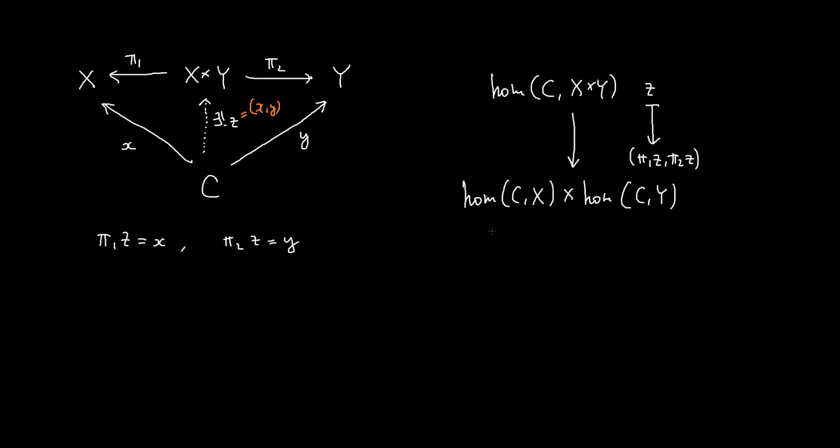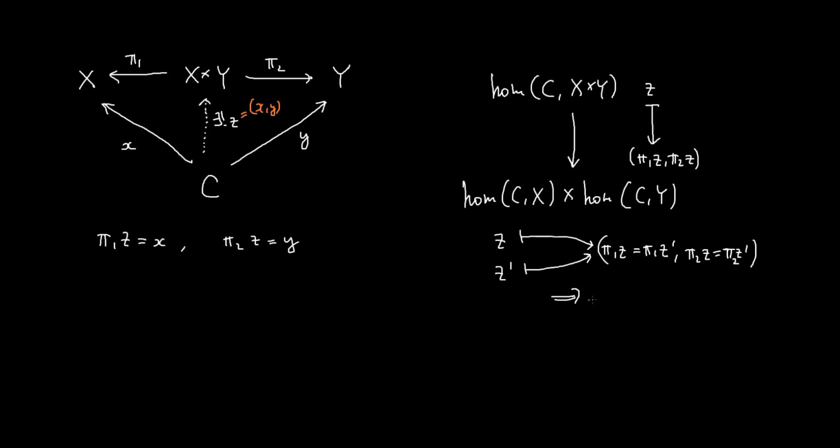Injectivity would say that if z and z prime map to the same spot, namely if pi1 z equals pi1 z prime and pi2 z equals pi2 z prime, right? Then they must be equal.